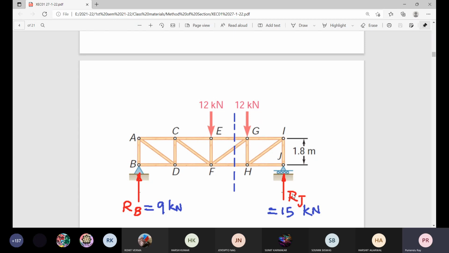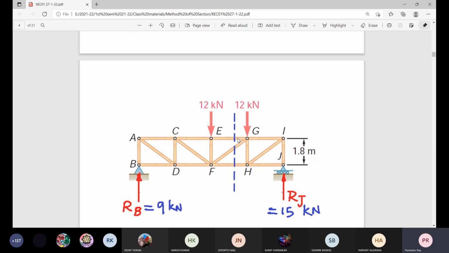One given, another reaction. On the left hand side also, one given force, other is the reaction. Only thing, their distances will be different when you consider the moment equilibrium equation with respect to some suitable location whose distance or geometrical information is supplied there. Okay, so in this case, nothing to worry about that.